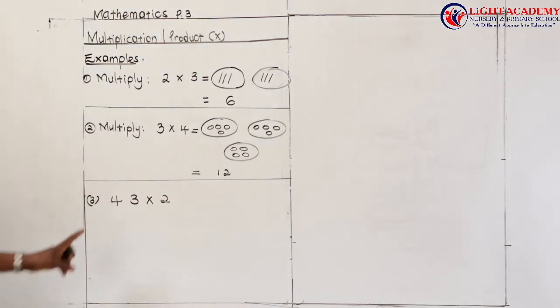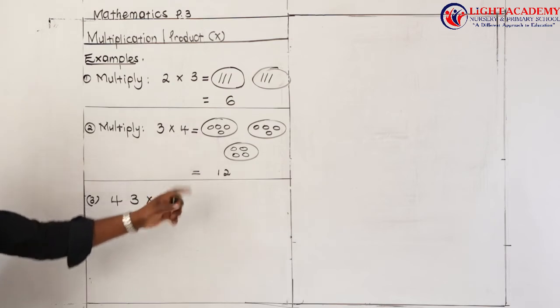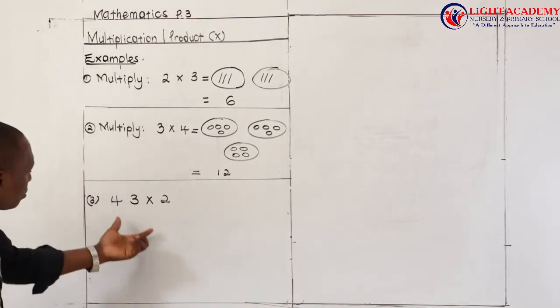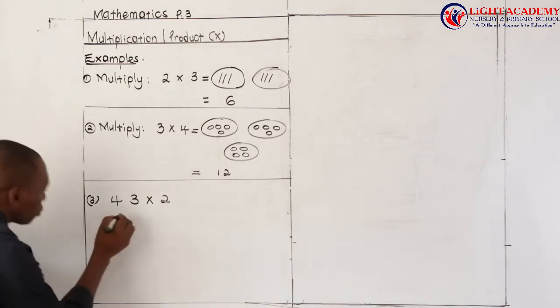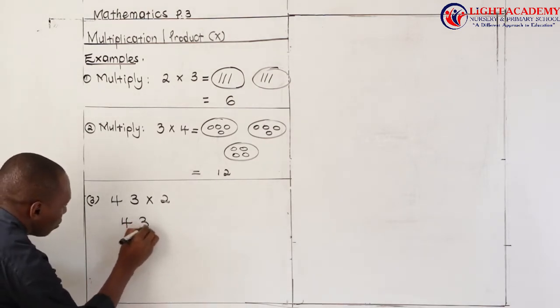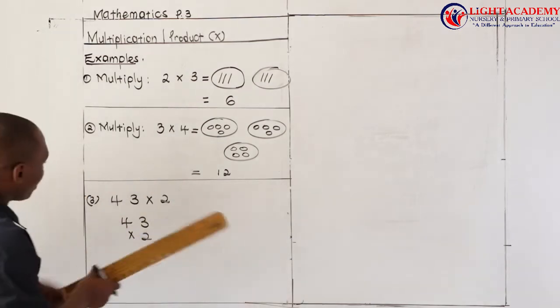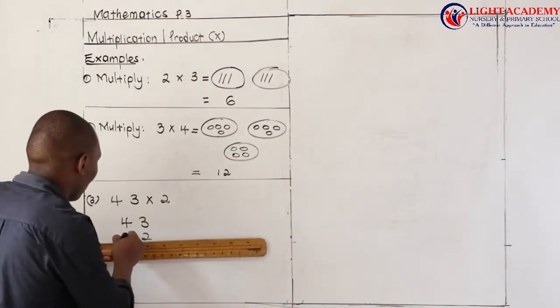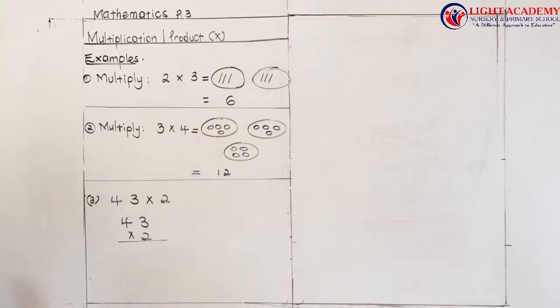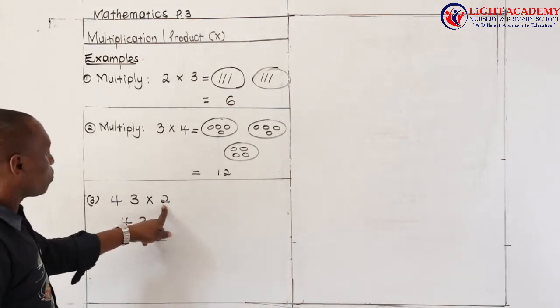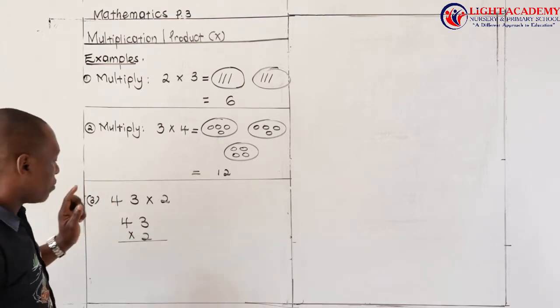So we cannot simply use the idea of groups to answer this question. What becomes easier is to arrange them in a vertical order. So we shall have 43 multiplied by 2, right? The number which is given is 43, meaning I'm having 43 groups, but in each group there must be 2 items, right?